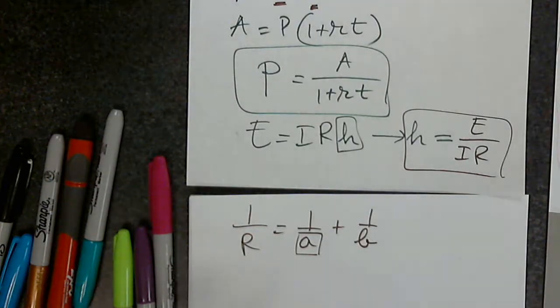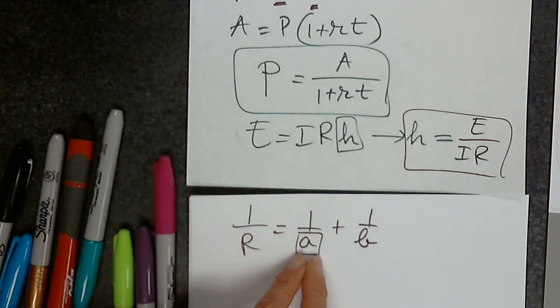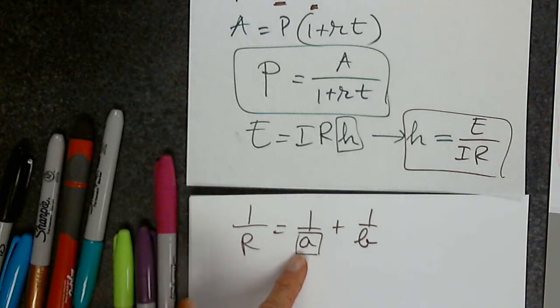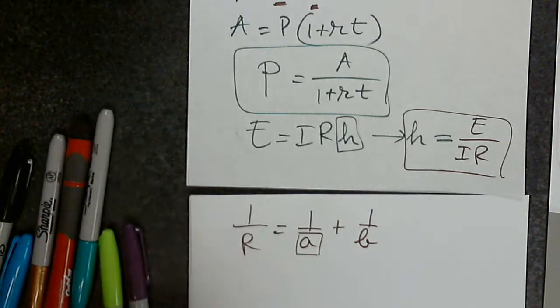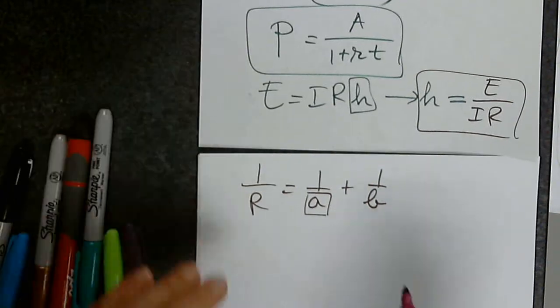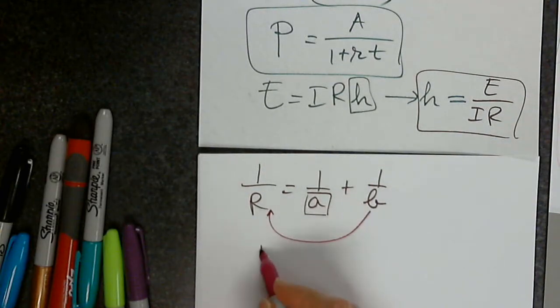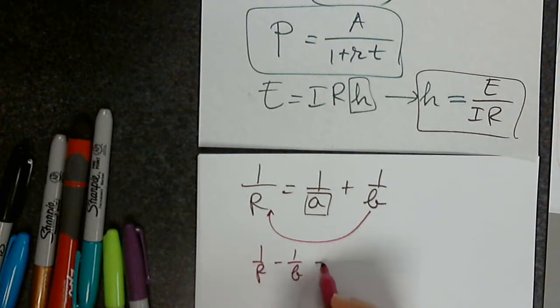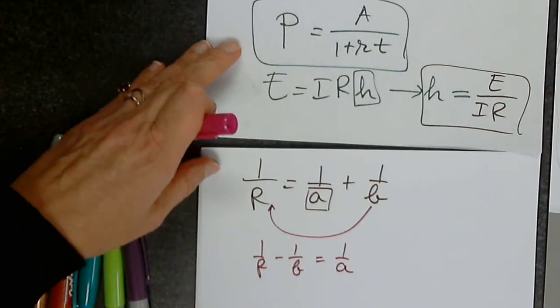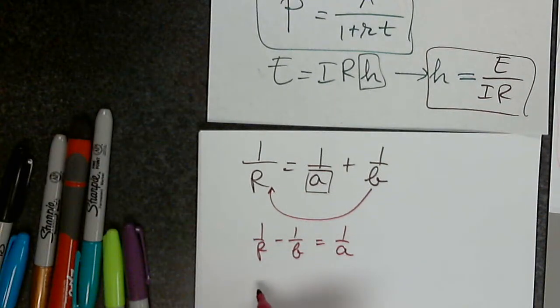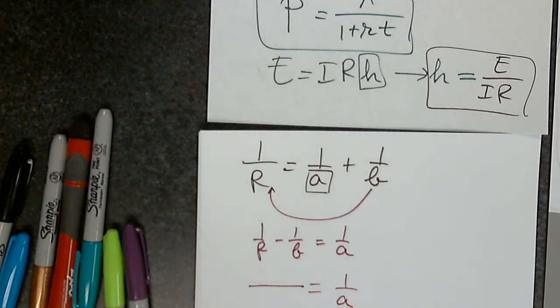Well, in this case, the variable is only here. If I move everything to one side, it will get more complicated. Will I solve? Yeah. But in this case, what I really want is to move 1 over B, find the least common denominator on the left-hand side, and leave 1 over A alone.